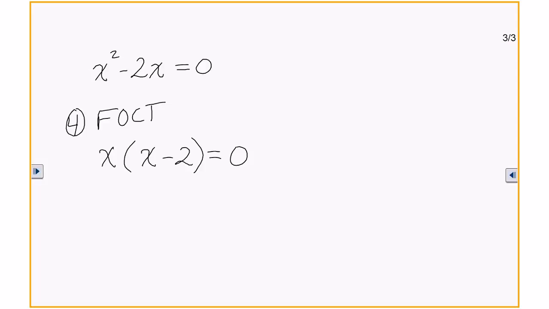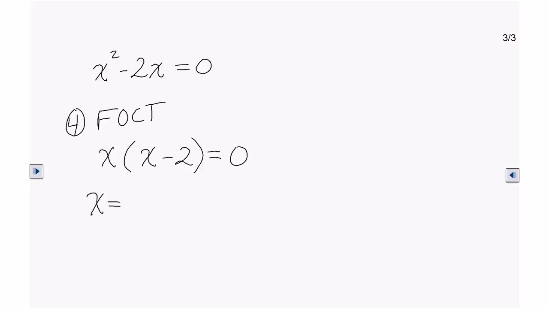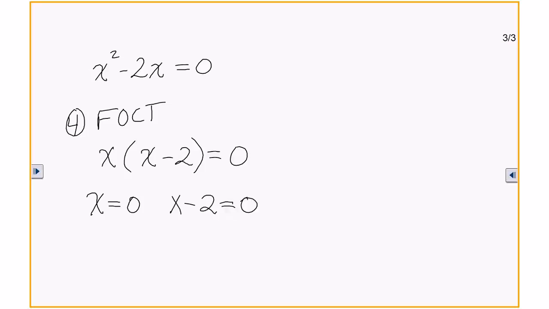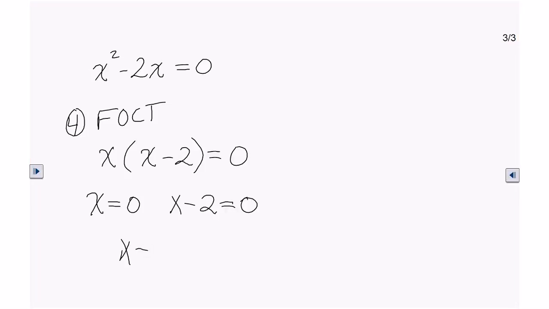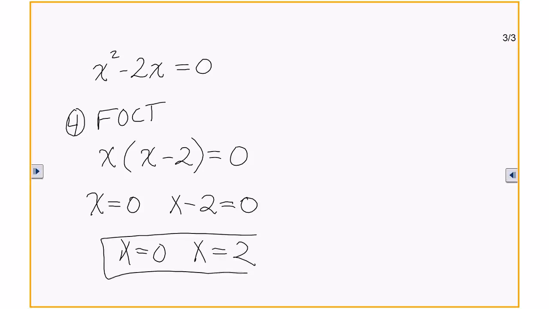And now you have x is equal to 0, and x minus 2 is equal to 0. x is equal to 0, and x is equal to 2. Those are your two x-intercepts. Your y-intercept is 0 because c is 0, but you don't know your vertex.